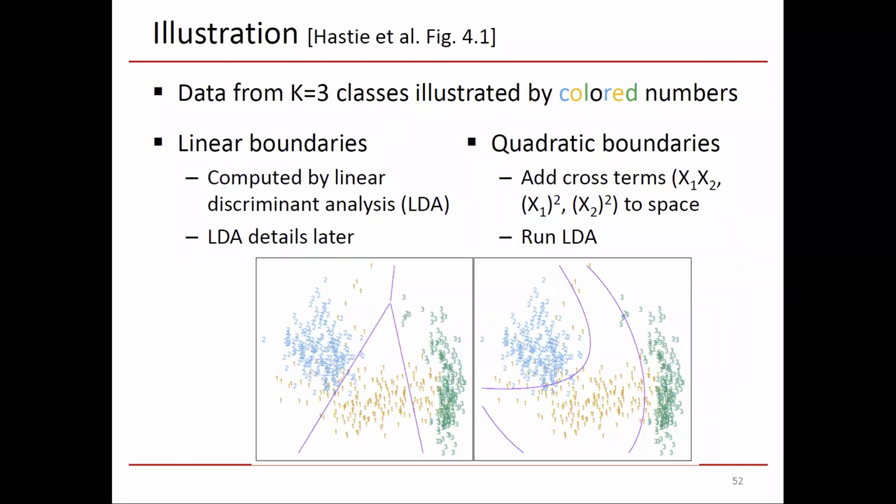Now, with quadratic functions, we add cross terms, products of two variables, x1 times x2, and also squares of individual variables. We add them to the space. We run LDA over this space that contains second-order terms, and we get more complicated, quadratic types of boundaries. Again, this is for purposes of getting intuition.